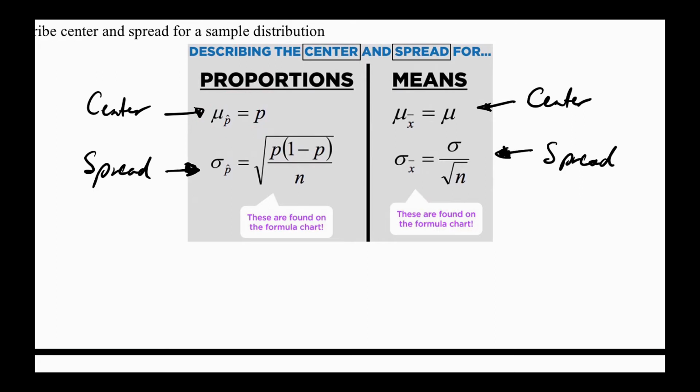Okay. What is the spread, or what is the variability for a sample distribution for a proportions question? We're going to use those. Same thing for means. We'll use those and that for center and spread.